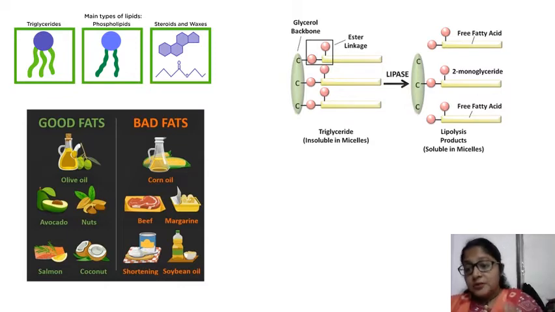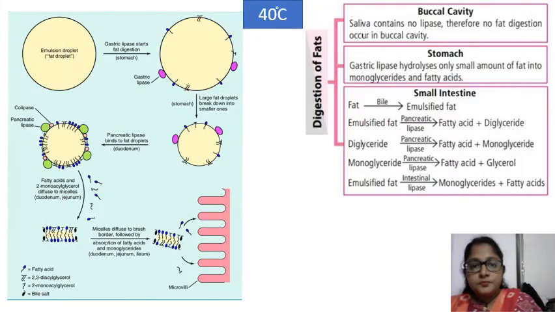Along with that, to help the fat digestion, there are also certain things in our body which we will learn in detail in the next slides. So this is a nutshell of the digestion of fat. We know that saliva doesn't contain any lipase. So there is no fat digestion that occurs in the mouth.